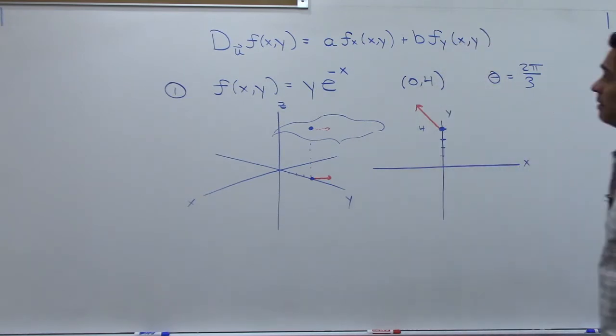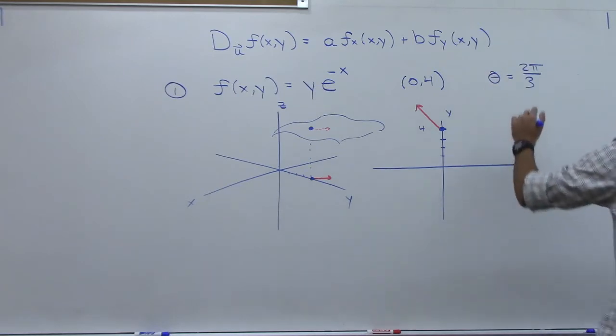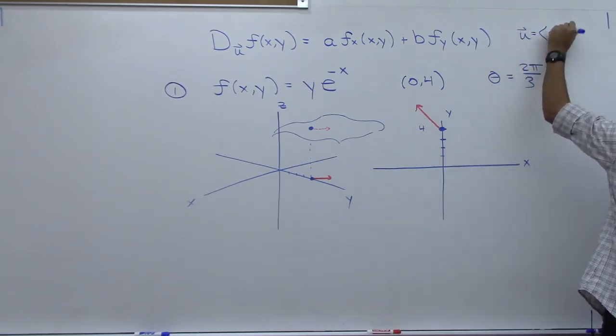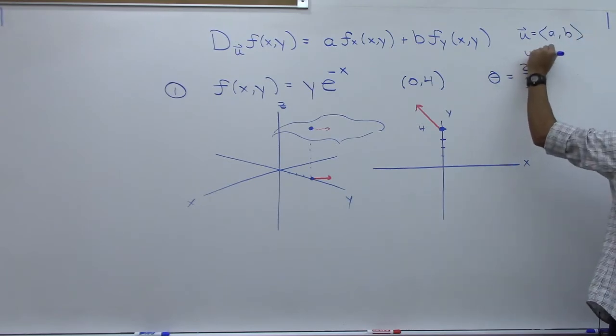Now, a and b come from the vector u. So u is a vector that has two components, a and b, and this must be a unit vector.